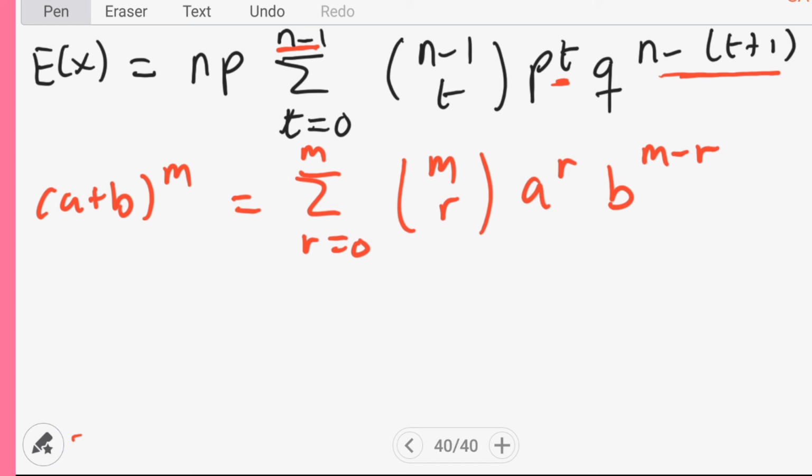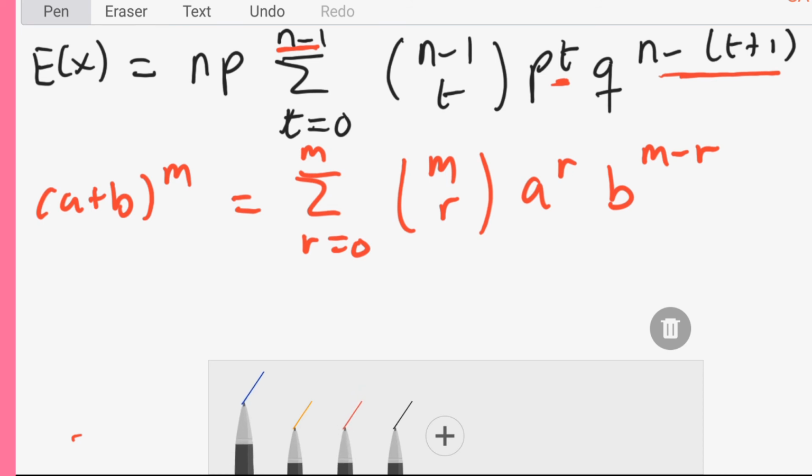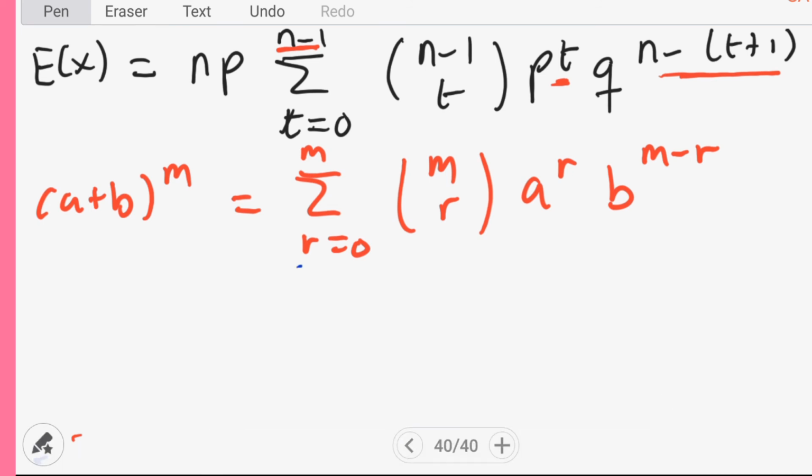So now you realize that here our r is our t, our m is n minus 1, a is p and b is q.